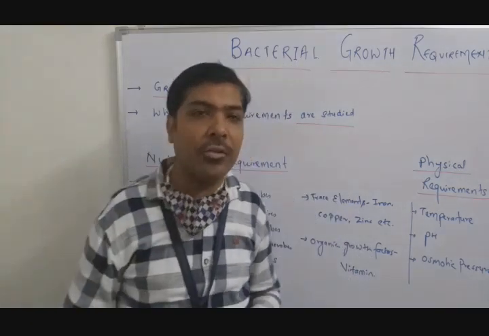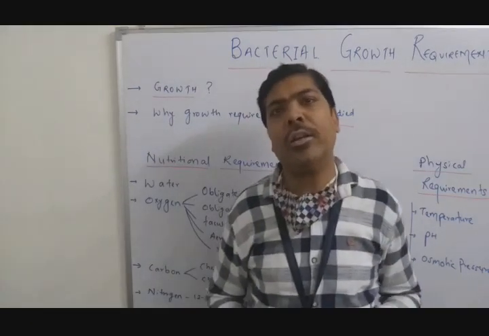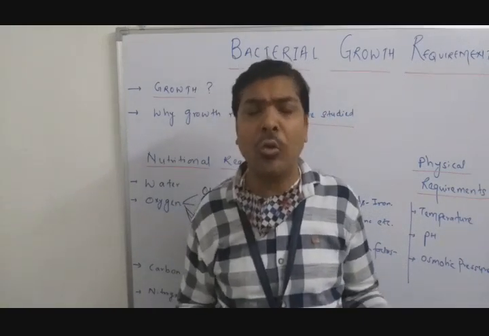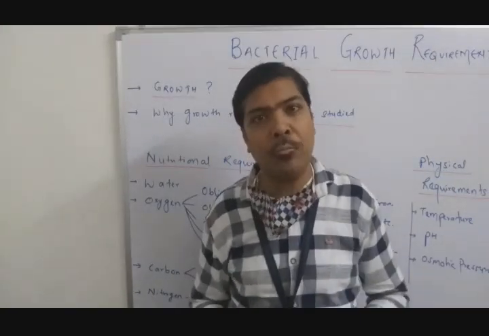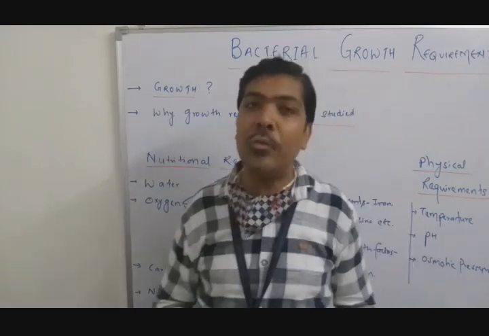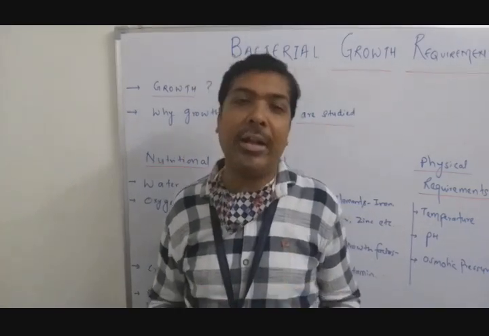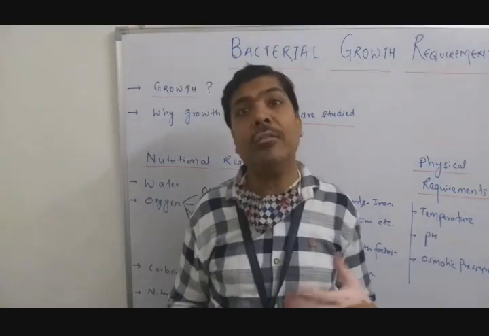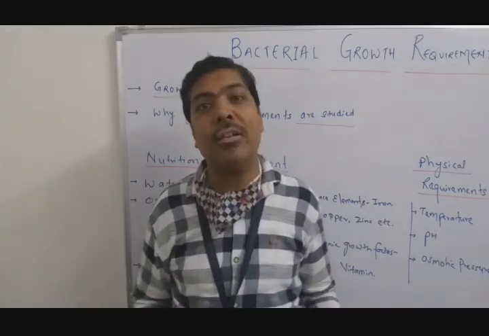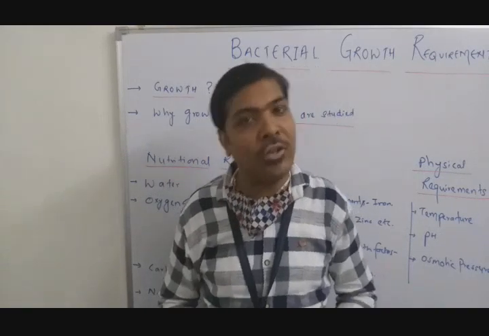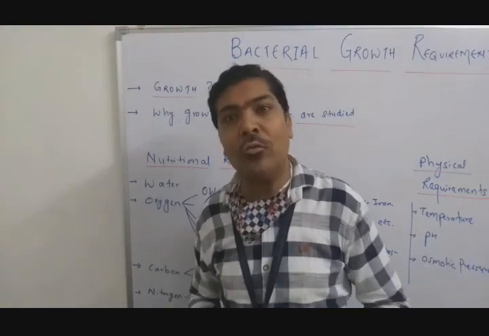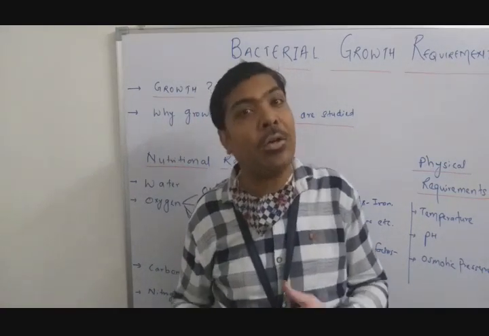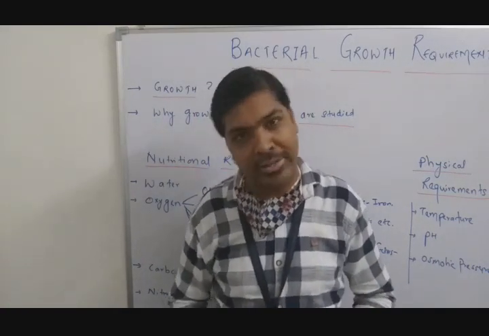Similarly, in a pharmaceutical industry, if you are producing products like antibiotics, vaccines, monoclonal antibodies or recombinant proteins, the number of bacteria plays a very important role, because the industry knows that if we can increase the number of bacteria, then more product will be generated. So again we have to optimize various growth requirements, so that we can produce the maximum number of bacteria.